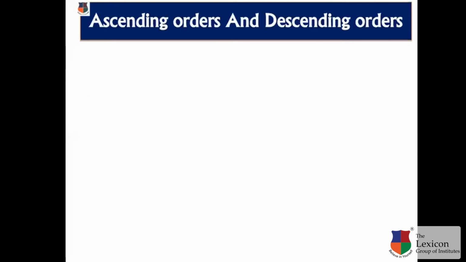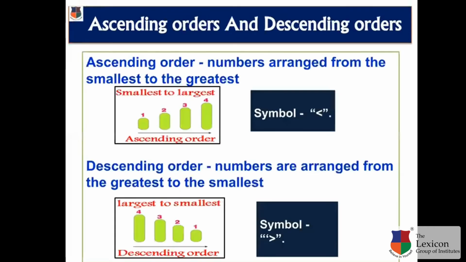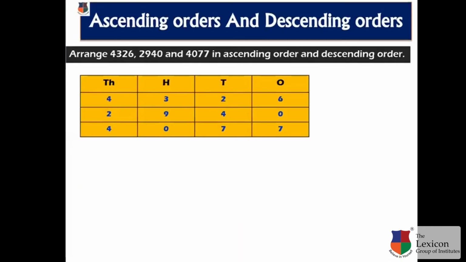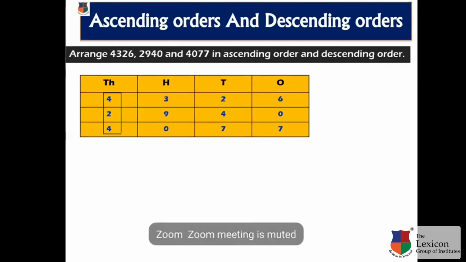Now how to arrange? First I will arrange them in a place value chart, according to their place values. Then I will start comparing the thousands.